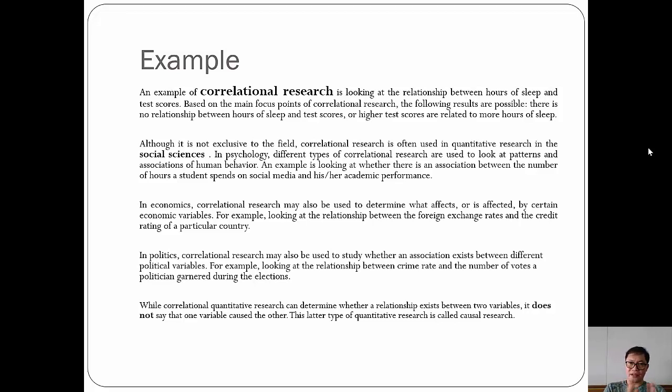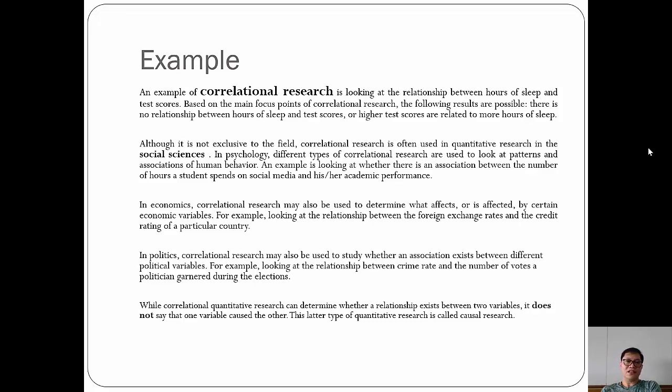That's one. They are not related. Or, test scores are related to the hours of sleep. Okay? No relationship between the test scores and sleeping, or higher test scores obtained by a student with more sleep.